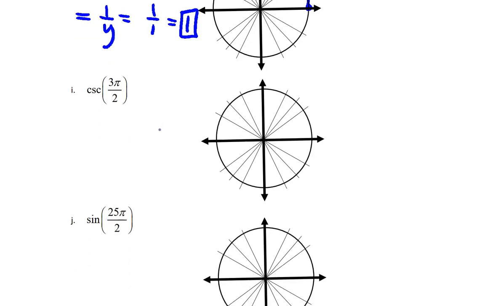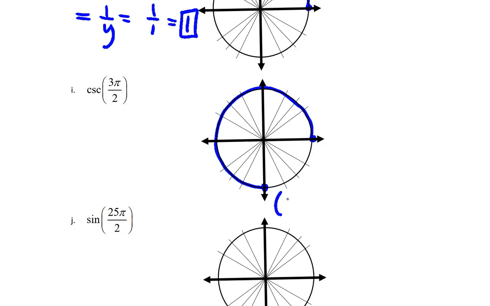Moving on, next we have the cosecant of 3 pi over 2. Well, again, according to our special fractions and our special arcs, 3 pi over 2 is positive, so we're starting at the point 1, 0 on the right side. 3 pi over 2, that's like 3 over 2, that's 1.5 pi. That's all the way around to the bottom of the circle for this arc length of 3 pi over 2.